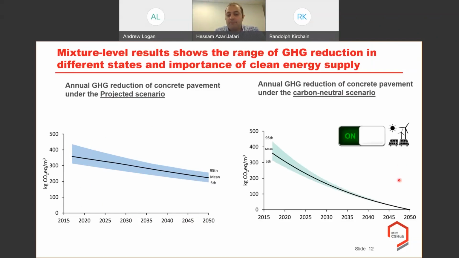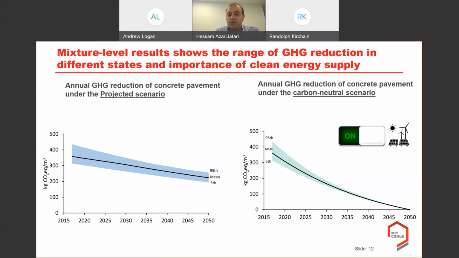But for the ambitious scenario, like I said, we set the total amount of CCU aggregates in a way to achieve carbon neutral mixtures by 2050 in light of fully renewable energy supply for materials and concrete production.